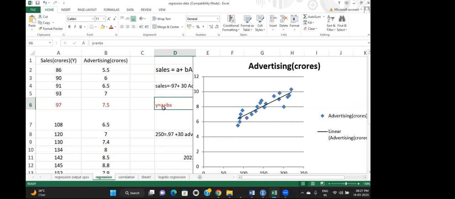A is called the intercept. And what is B? B is the slope. B is called the slope of this line, right?